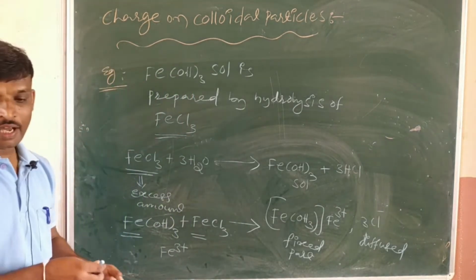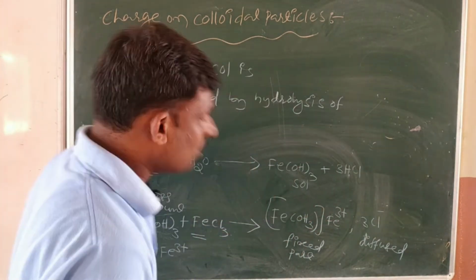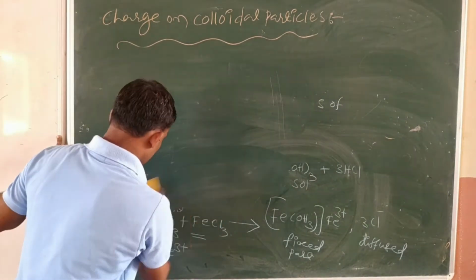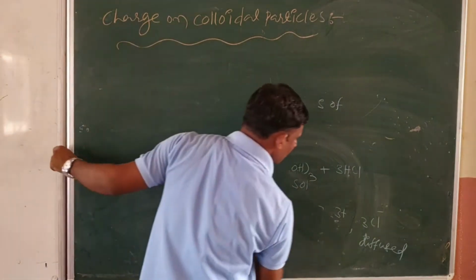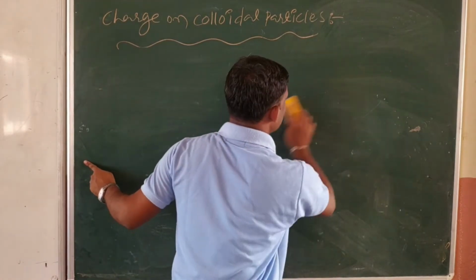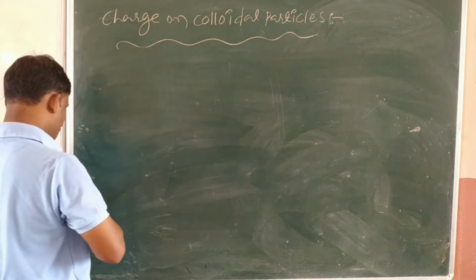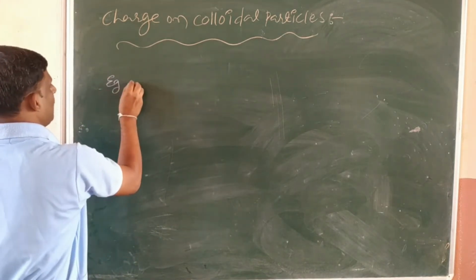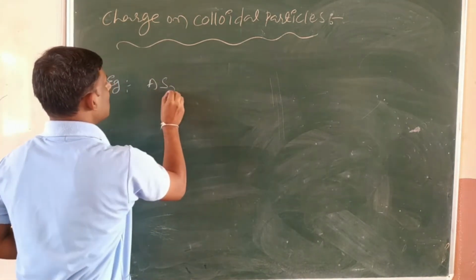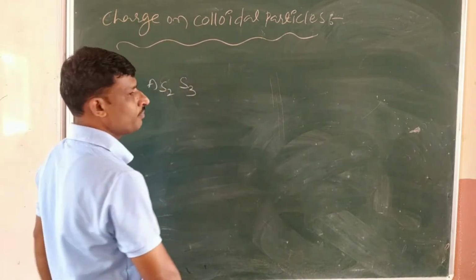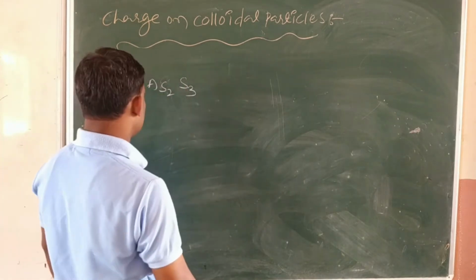Suppose I take another example, the preparation of arsenic sulfide sol. Do you know the formula of arsenic sulfide? For example, I am preparing As2S3 sol. How will we prepare arsenic sulfide sol?